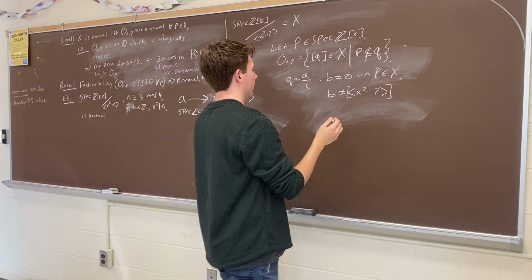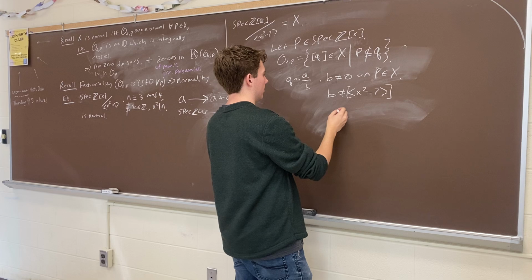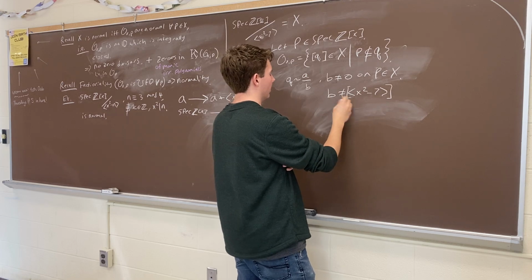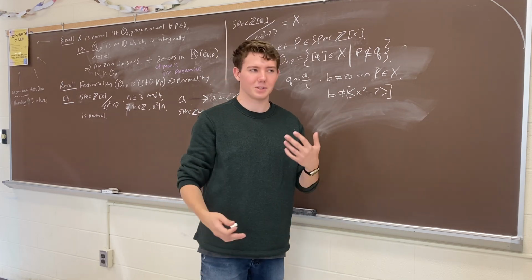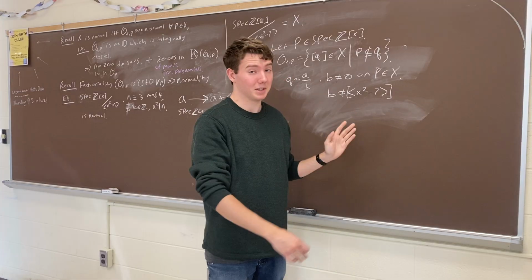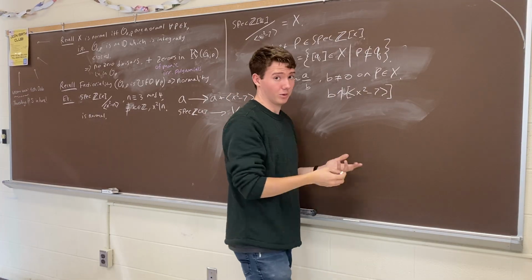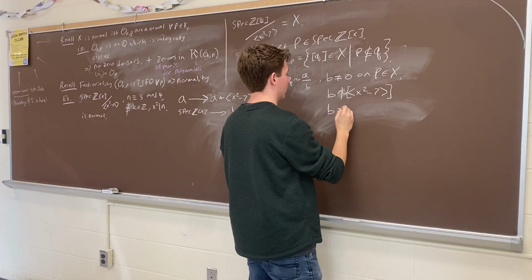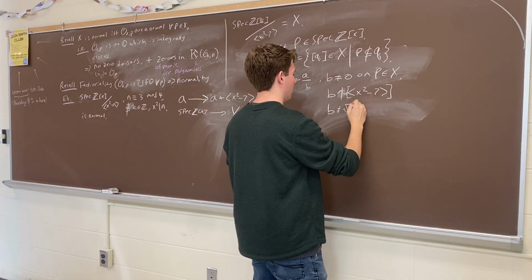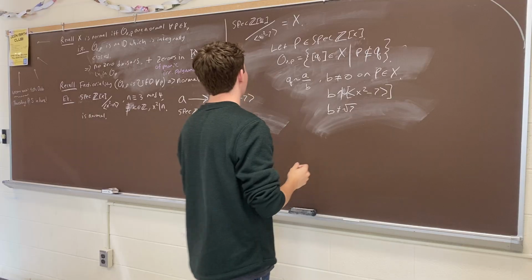Right? Or rather, it does not correspond to it. I keep writing the equal sign. Hopefully it's clear for the camera. It should not be an equal sign. It should be does not correspond. And really what this is, is that B is not the square root of 7.